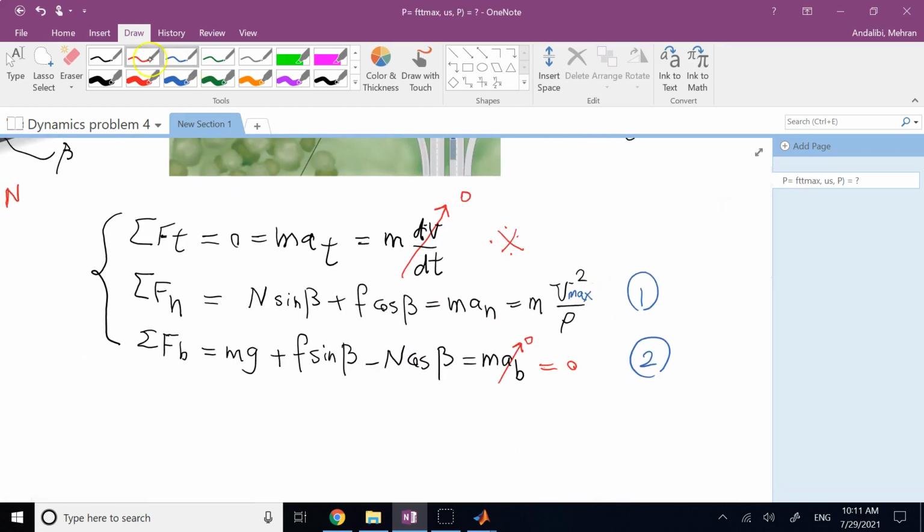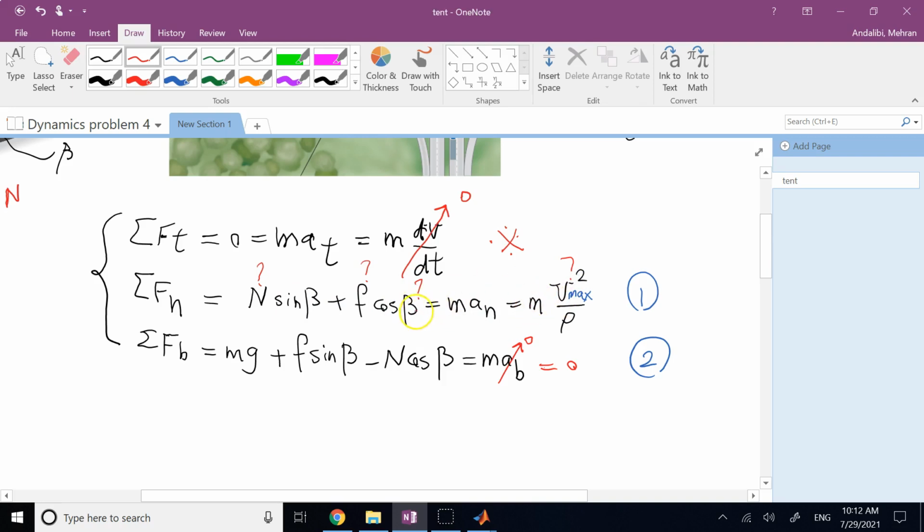Now here I have two equations. Do I have enough equations for the unknowns? Let's find the unknowns first. So I have n to be unknown, f is an unknown, Vmax is an unknown, and beta is an unknown. So there are 4 unknowns.